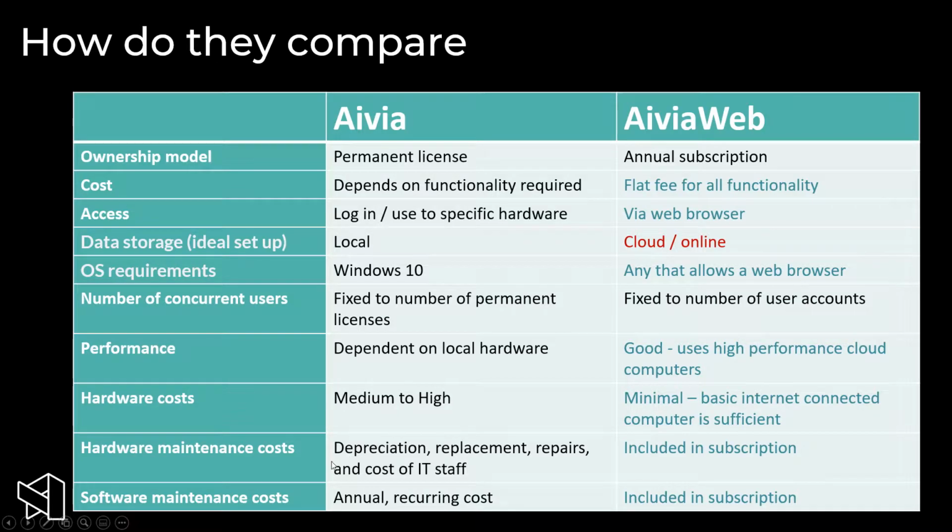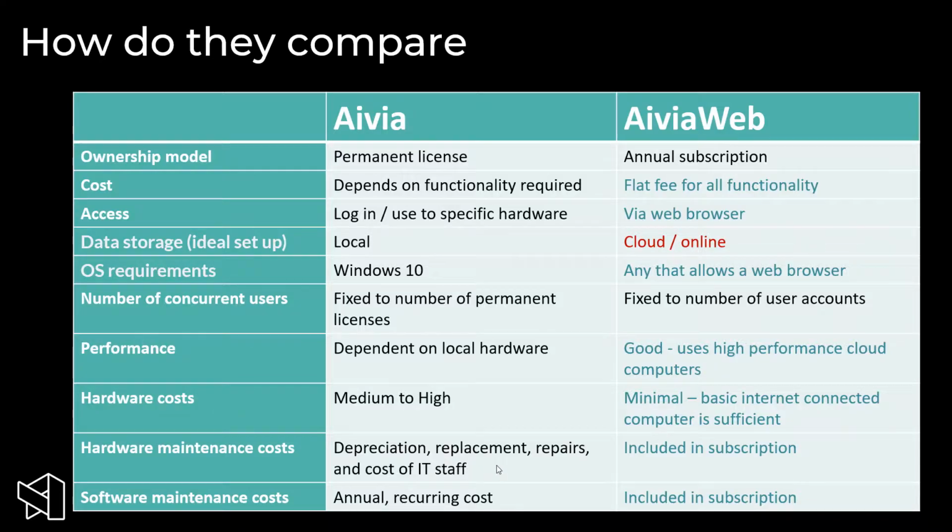In terms of hardware maintenance costs, with Aivia itself, there's depreciation that you have to consider for the hardware that you buy. You might need to replace parts or do repairs. And of course, you need to consider the IT staff costs.